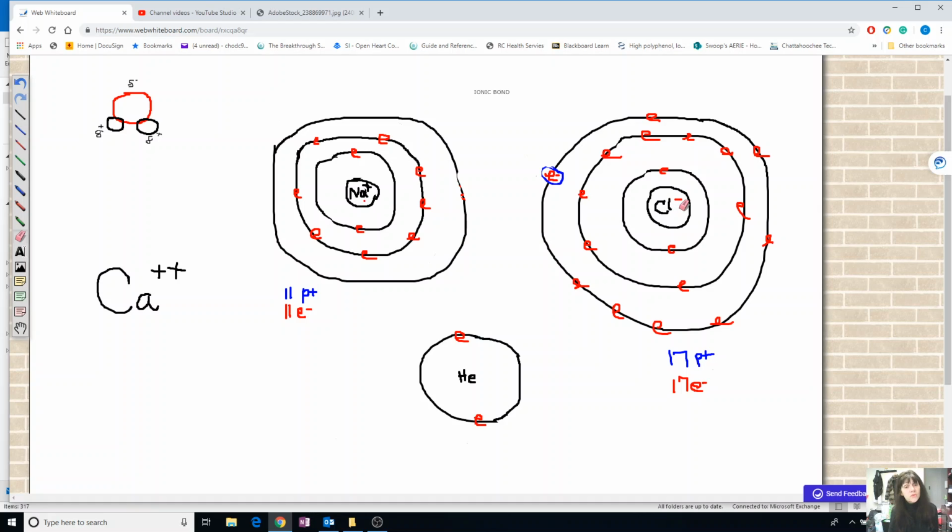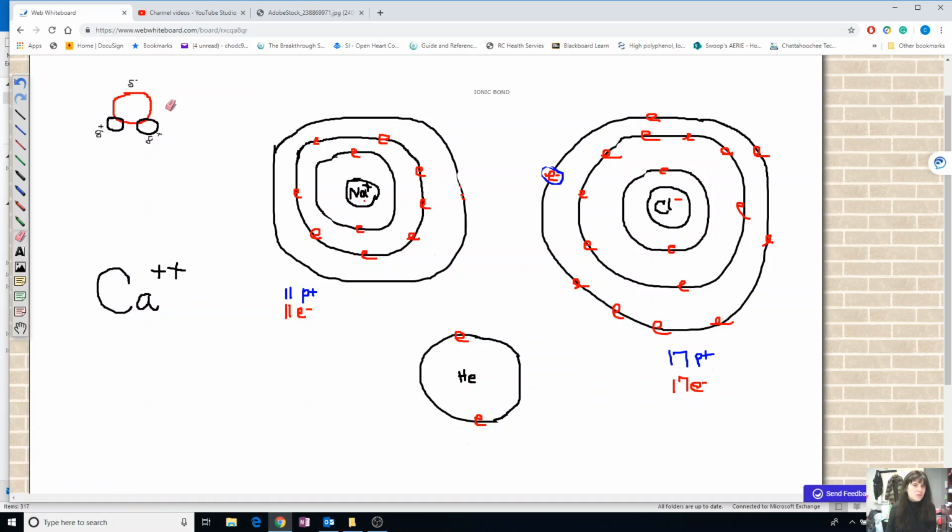What happens when we put ions in water, ions that are attracted to one another by ionic bonds? Well, remember that water is a polar covalent molecule that has partial negative ends and partially charged positive ends.